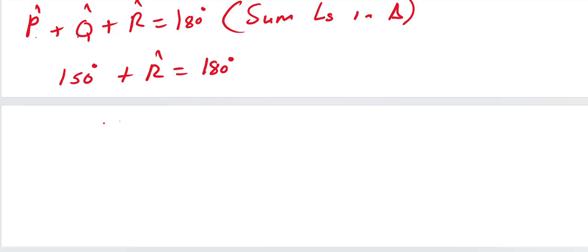Now we want angle R as usual. Angle R is equal to 180 degrees. We take this 150 to the other side and change the sign to negative 150. Our angle R is 30 degrees.